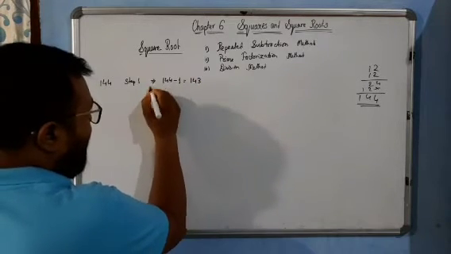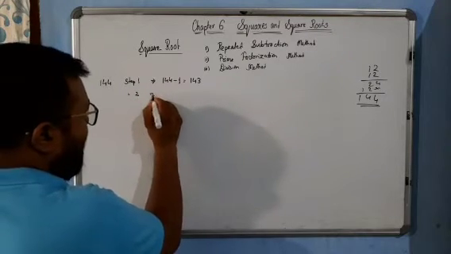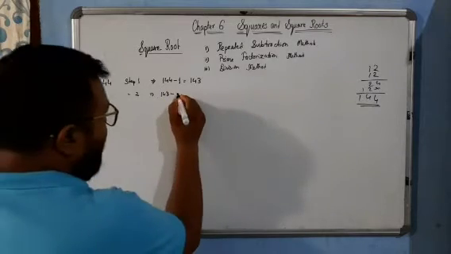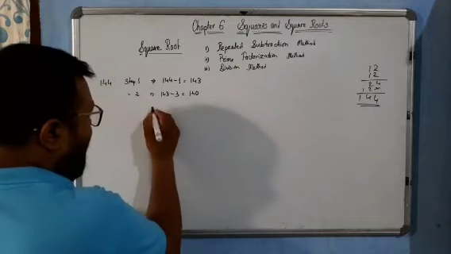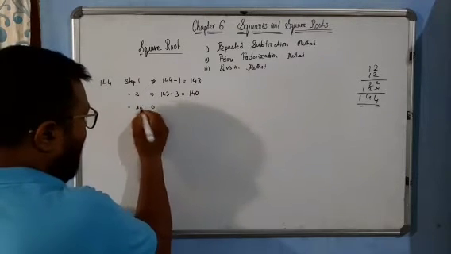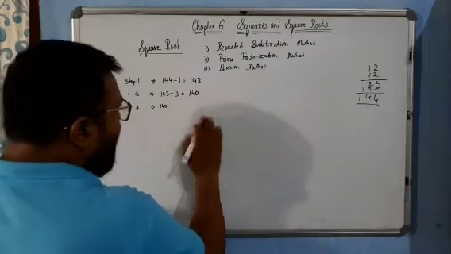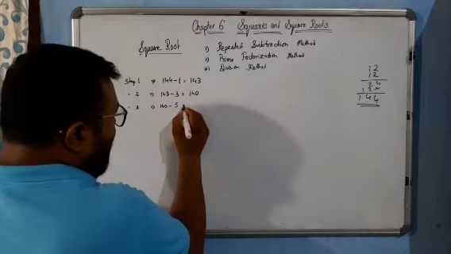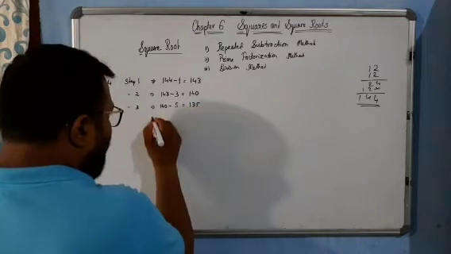Now step 2: this 143 will be subtracted by the second odd number, 3, giving 140. On step 3, 140 subtracted by the next odd number, 5, so it will be 135.